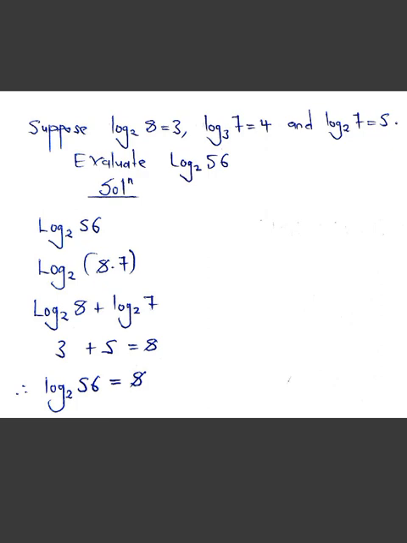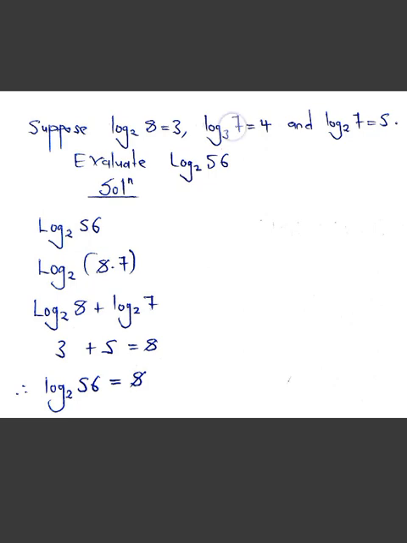The multiplication rule is only applicable if the bases are equal. So in our scenario, we'll take log of 7 to the base 2, not log of 7 to the base 3, because here we have a 3, here we have a 2, so the rule is not applicable to that one.